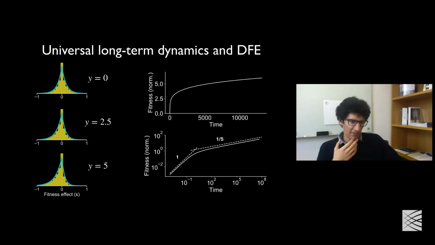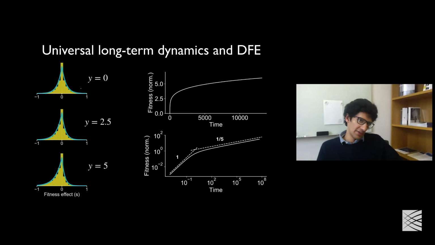It turns out that in this specific model that we're considering, there are certain universal dynamics that you should expect to see. For instance, the fitness always rapidly increases linearly in the beginning, and then you should see some kind of power law scaling as you keep evolving this organism.